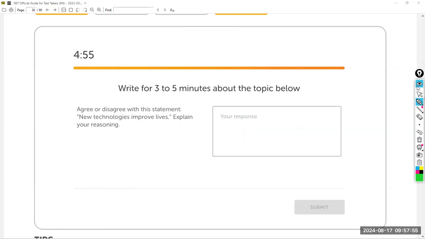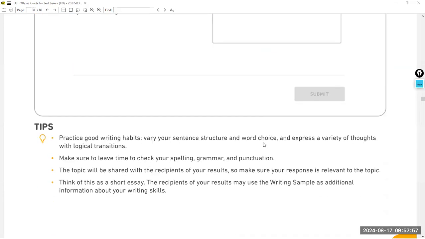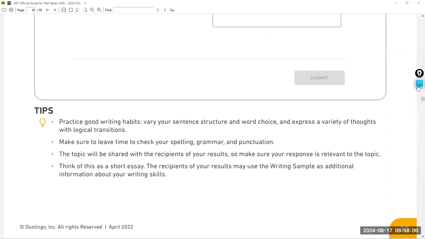Now I think I have to show you the tips about the writing sample. Okay, practice good writing habits. Vary your sentence structure. Keep in mind, guys, that you have to vary the sentences that you want to use.